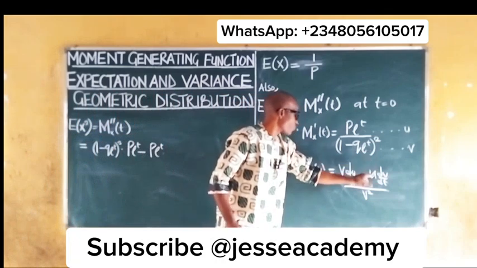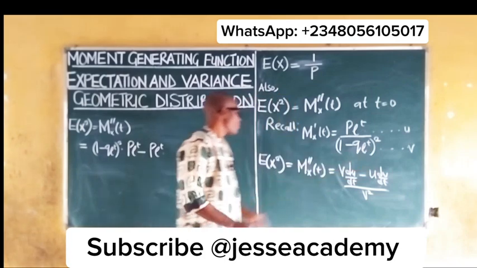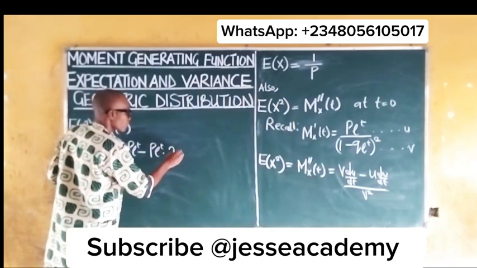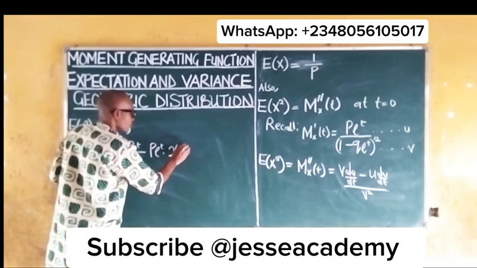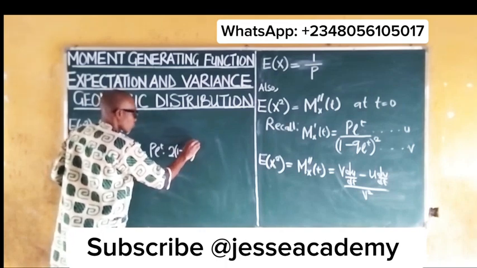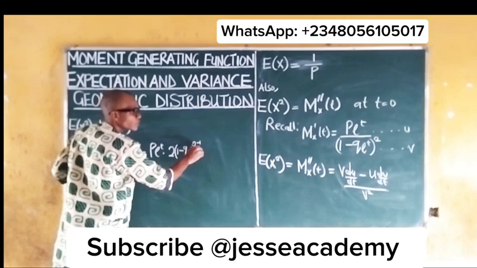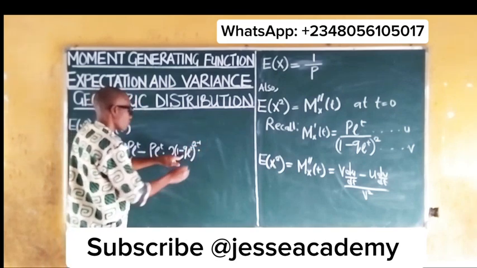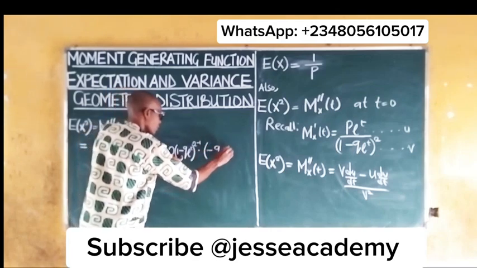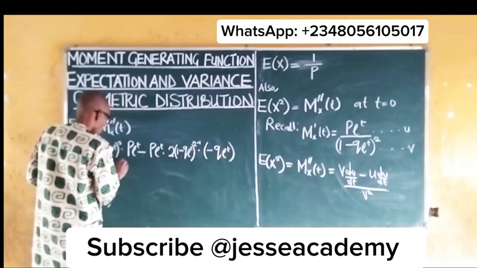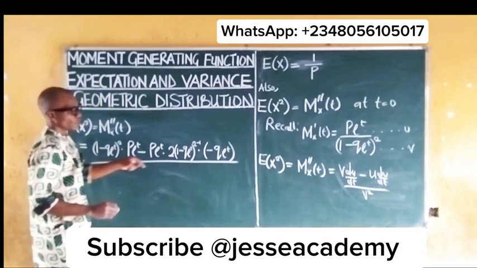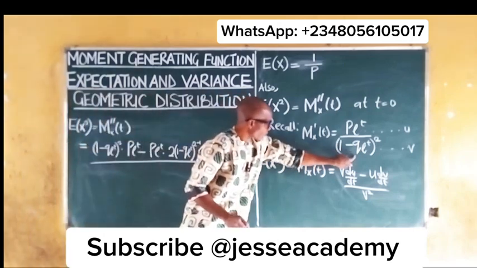If we differentiate this function, dv all over dt, we get 2 into (1 minus q e^t) to the power of 2 minus 1, multiplied by what we have inside, which is minus q e^t, all over v squared.